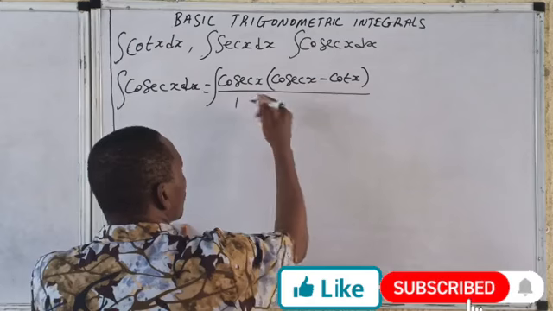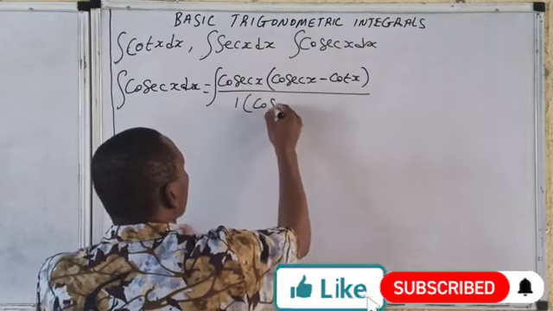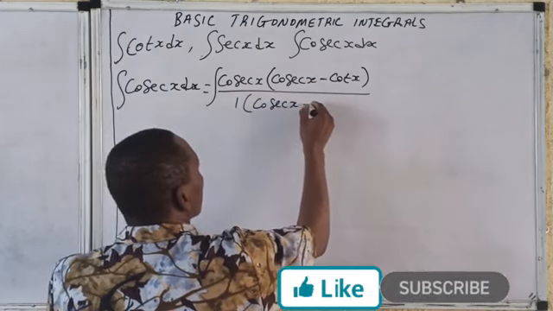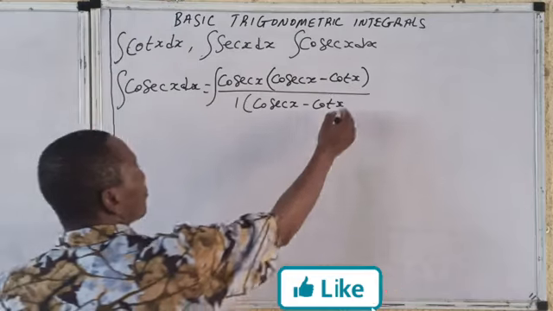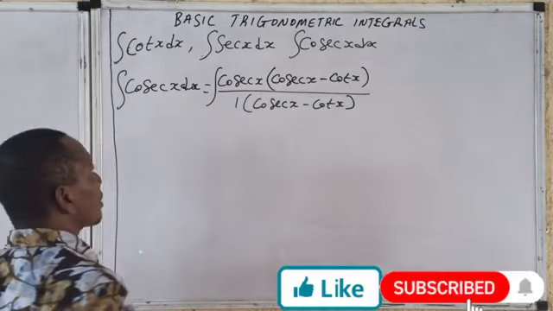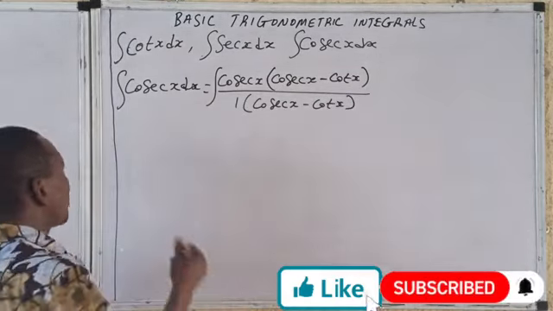This over 1, so also multiply this, all right, cosec x cot x.